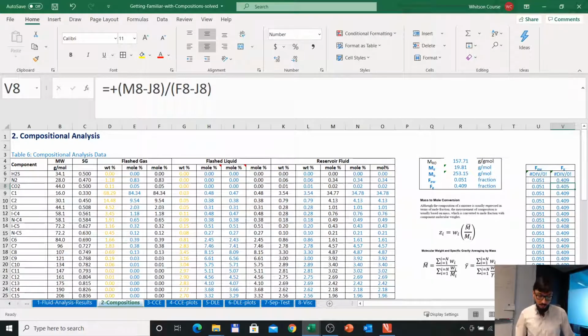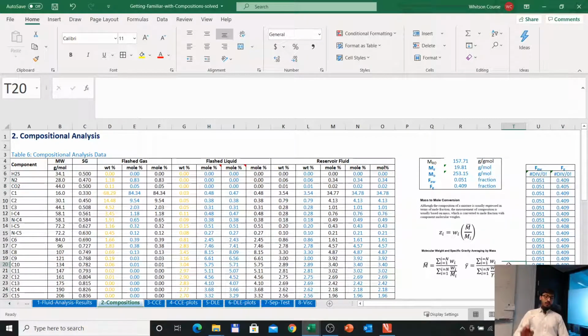What you see here, this FGW is almost identical for all components. FG is also identical for all components, and this number here is the same as this number, and this number here is the same as this number.